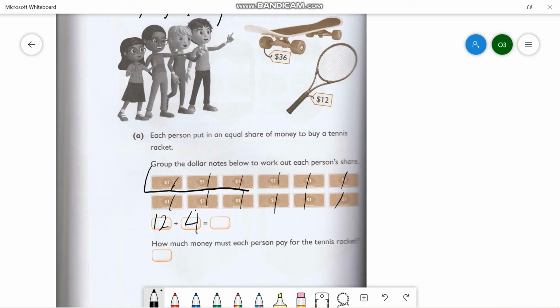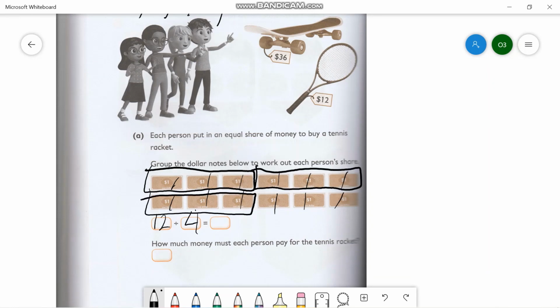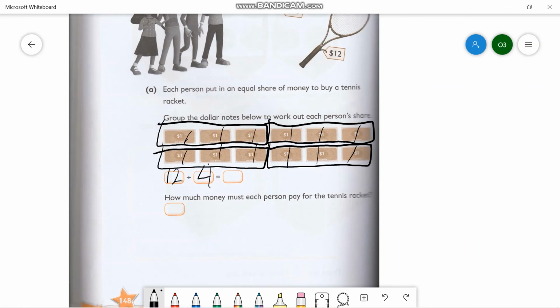So 1, 2, 3, and 4. So each of them shared how much? $3. So we can write here 3, and the symbol for dollar is this.